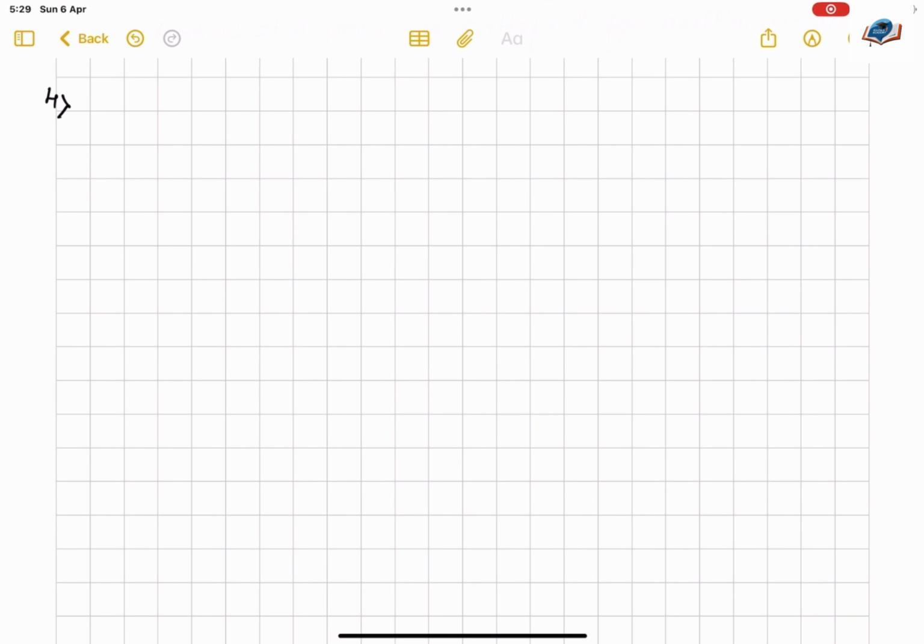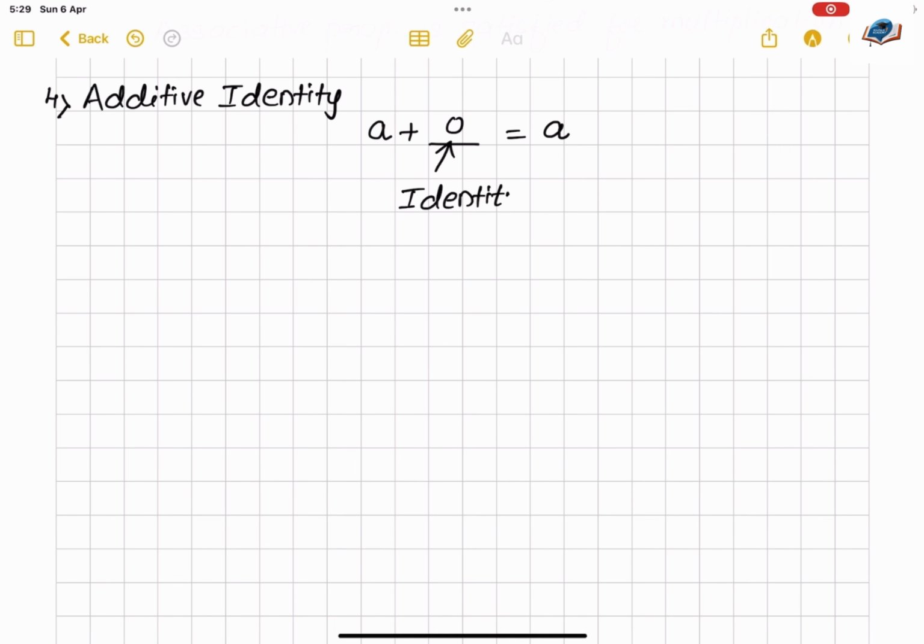Next is additive identity. It says if I am taking A as any rational number and if I add something to that, I should get back A. So the identity element for addition will be 0, right?